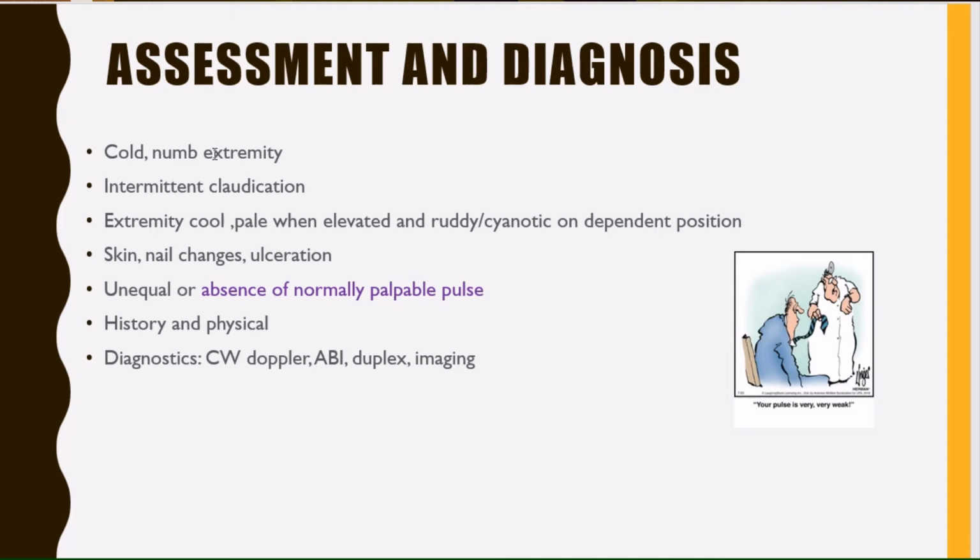Skin and nail changes, we looked at already. Then unequal or absent normally palpable pulse. This is significant because this is occlusive disease where there was a pulse and suddenly there is no pulse.